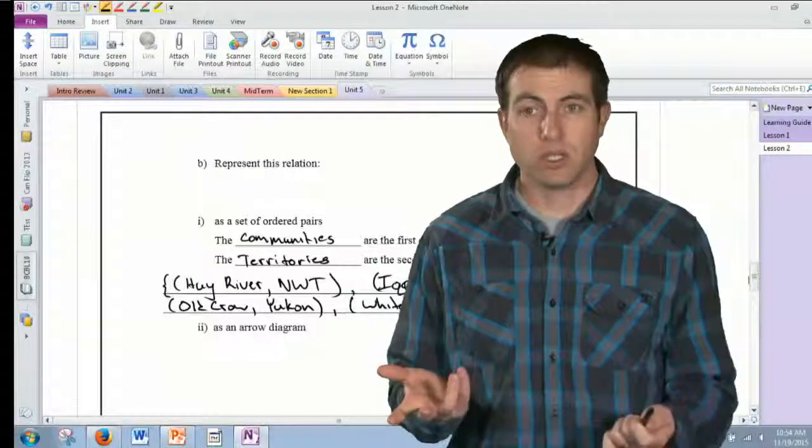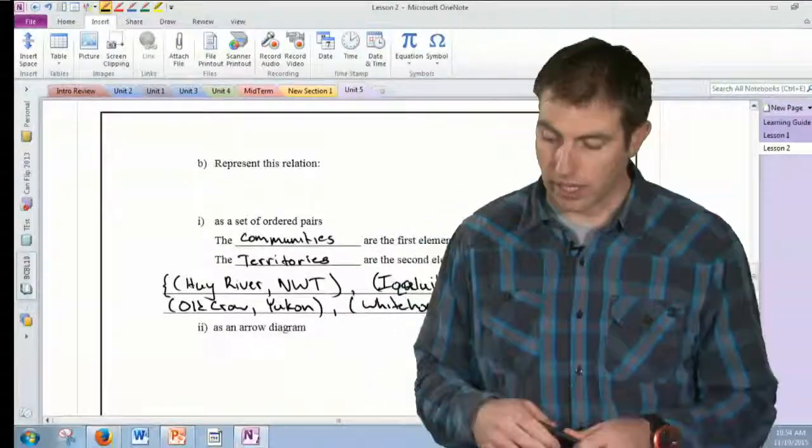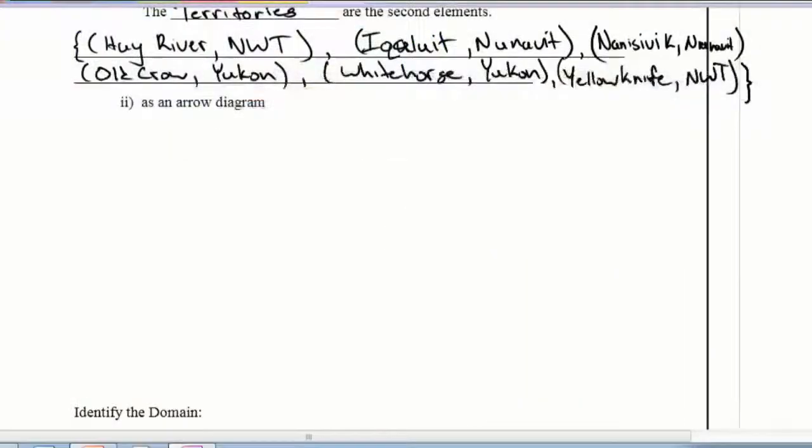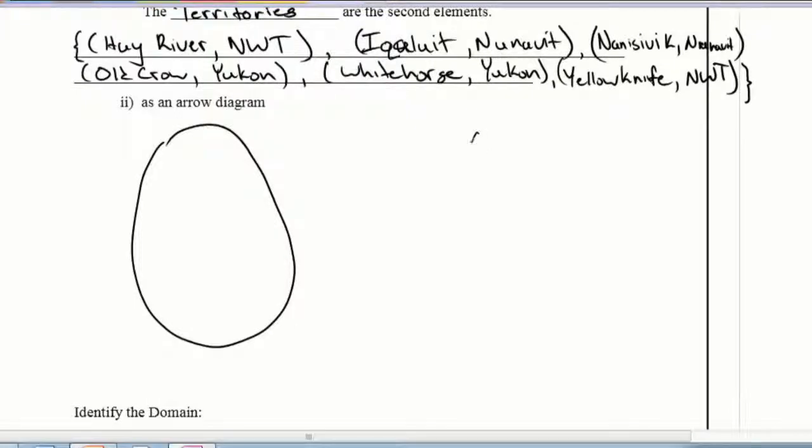The last way I can do it is with an arrow diagram. So let's draw some ovals. That's not going to be big enough. One oval. There's my other oval. In the first oval, I'm going to write all the elements of my first set. My first set was all the cities.